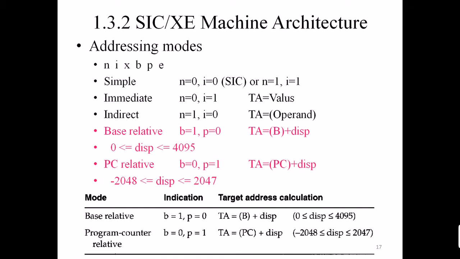If n equals 0 and i equals 1, it is immediate, and the target value is the value stored in the displacement. Indirect is when n equals 1 and i equals 0, and the target address is the operand value. Base relative addressing mode is when b equals 1 and p equals 0. The target address is calculated as the value of the base register B plus the displacement value.